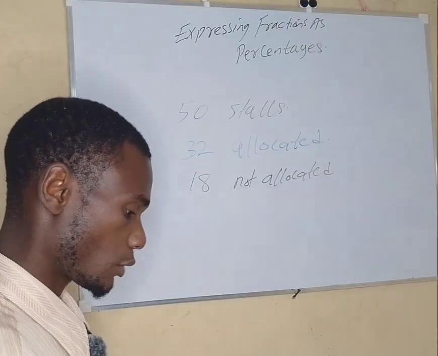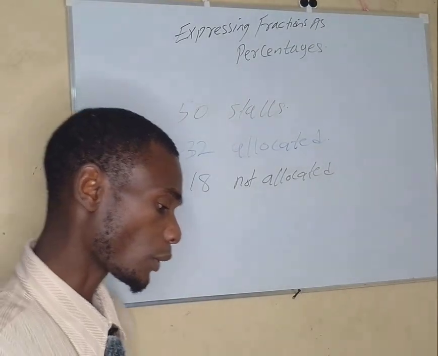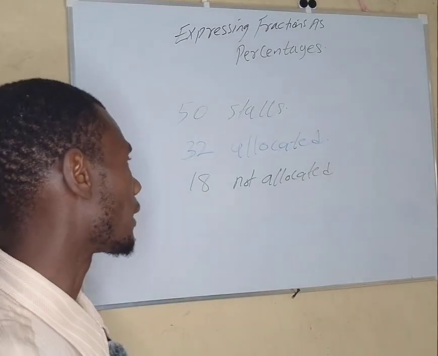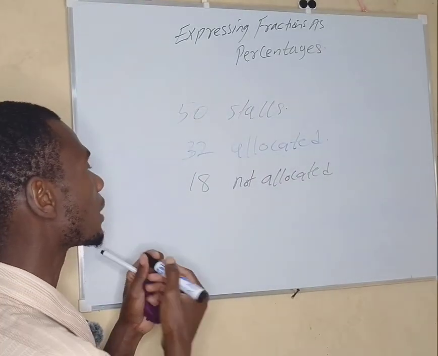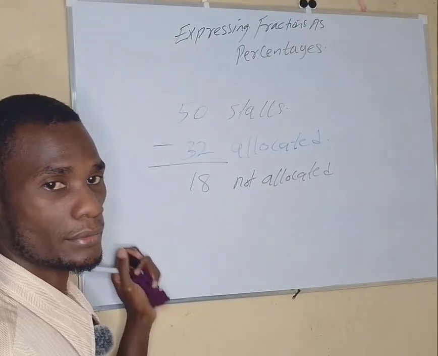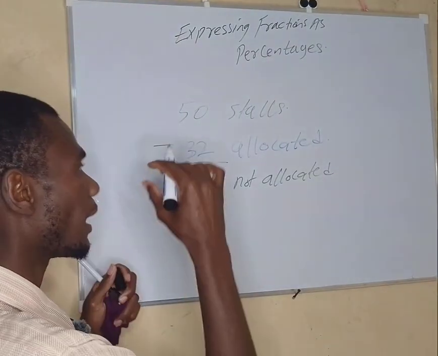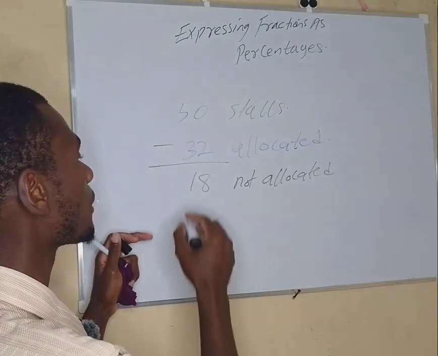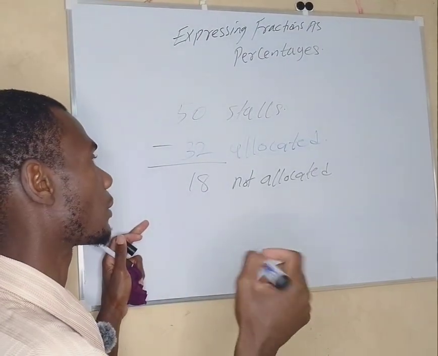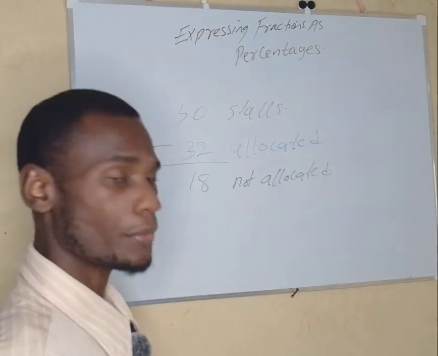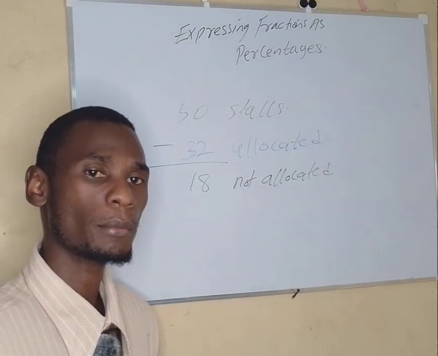But going by this question, the question is asking, what percentage of the stalls remained? Now look at that: remained. That means we really need how many stalls are remaining unallocated. That's why I'm saying understand the question and write it bit by bit down there, so that by the end of the day you don't struggle. Somebody will just take 32 over 50. That one is the fraction of the stalls that have been allocated.